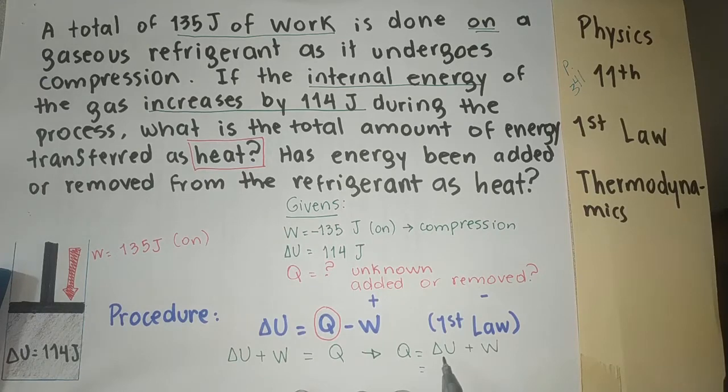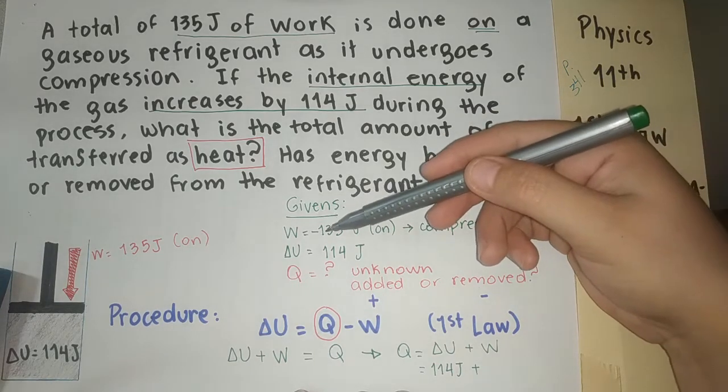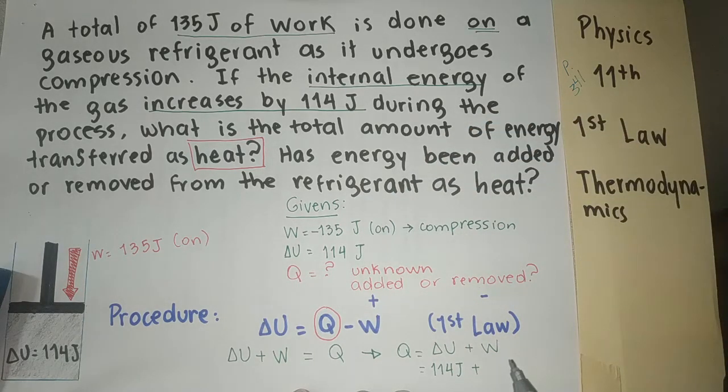Which one is delta U? From the givens, we know that the internal energy is 114 joules. Plus, now work, W is for work. Work is negative 135 joules because the work is done on the system, so it is negative. So we say plus negative 135 joules.